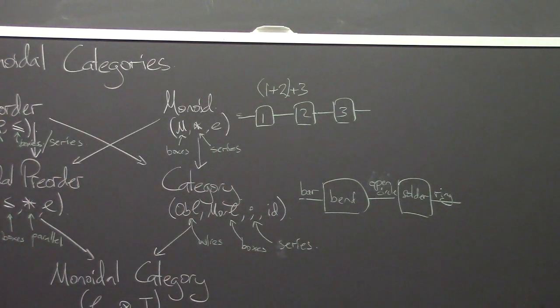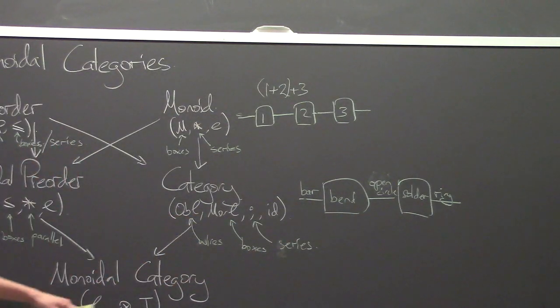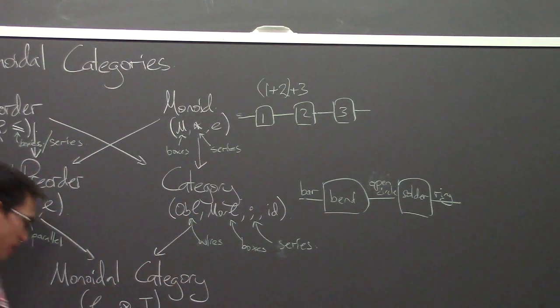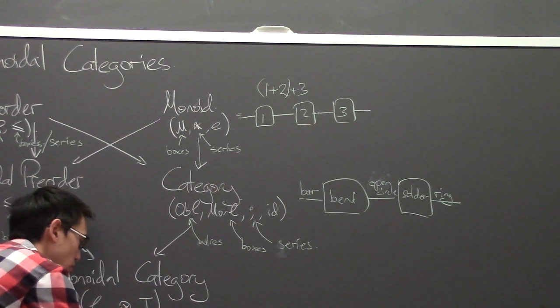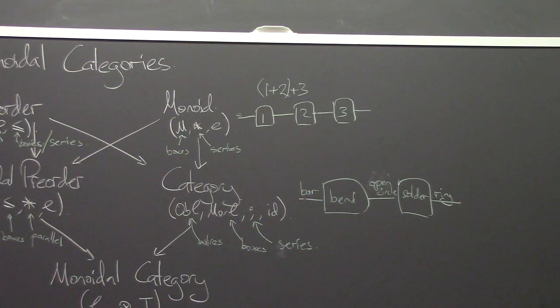So in a monoidal category, you've got a category, so you can do these wires and boxes in series. But you've also got a monoidal product, which gives you a notion of parallel composition. So you can see each of these structures is capturing this notion of diagram.